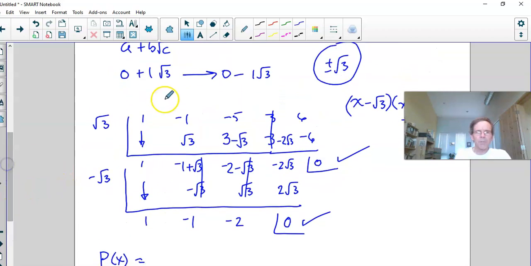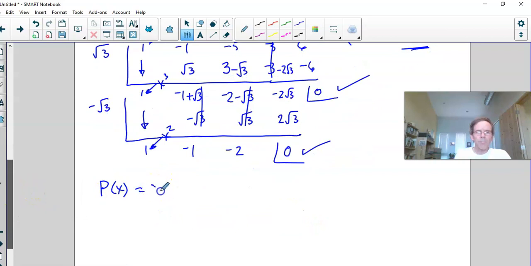Okay, so P of x, as far as factoring goes, let's see, where are we in terms of powers of x? The starting division, this was x to the 4th. This one belonged to x to the 3rd. So this one belongs to x squared. So we have x squared minus x minus 2, that trinomial, and then we have the factors that we know, x minus square root of 3 and x plus square root of 3.